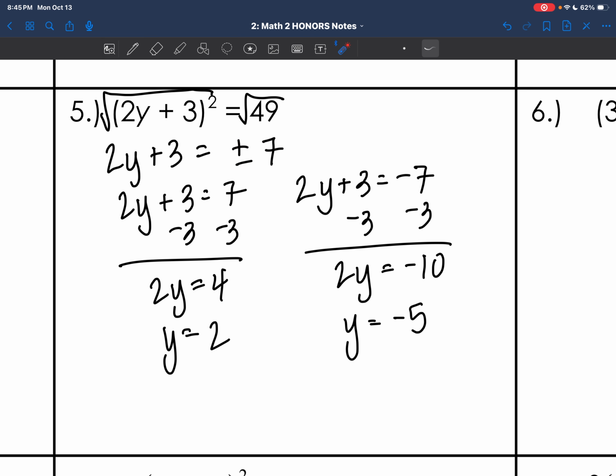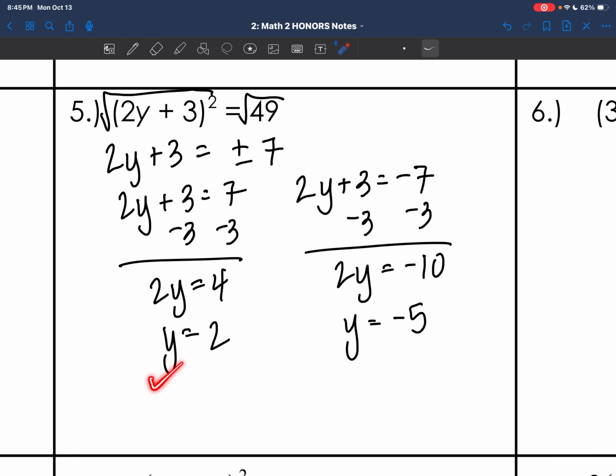Now, just be careful when you're doing this. We're going to make the plus 7 one solution, breaking this up. You're going to solve for the plus 7 by subtracting 3, and you'll get 2y equals 4. And then you're going to get y equals 2.